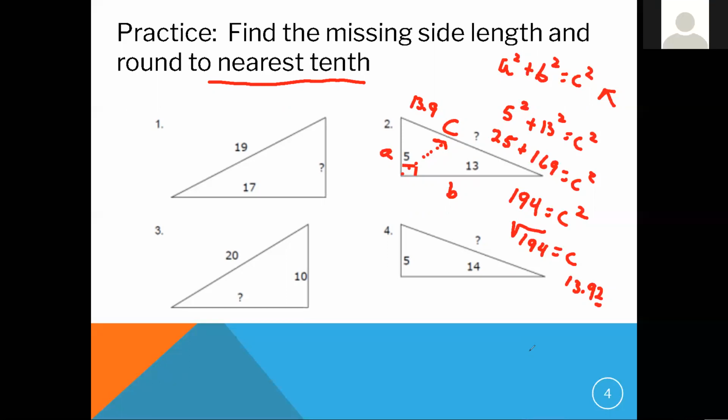I got 14.0. Could you add the squares of 19 and 17? That was your question. Go ahead and take the squares and add them together and tell me what you get.